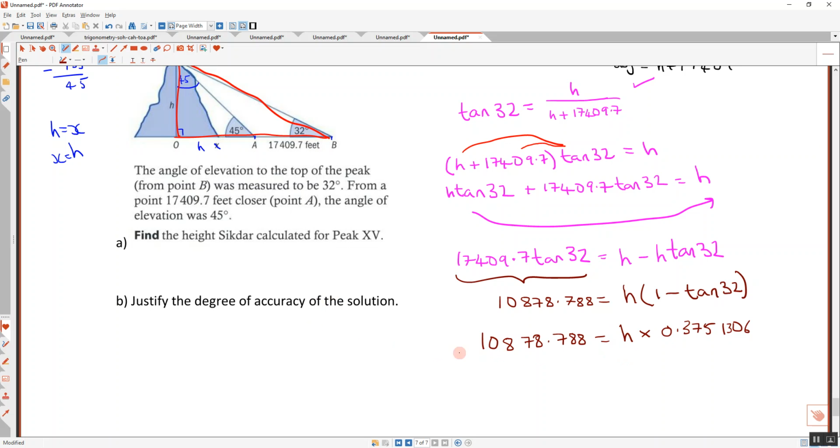So in order to find out h, I have to divide both sides by 0.3751306, and same on this side.